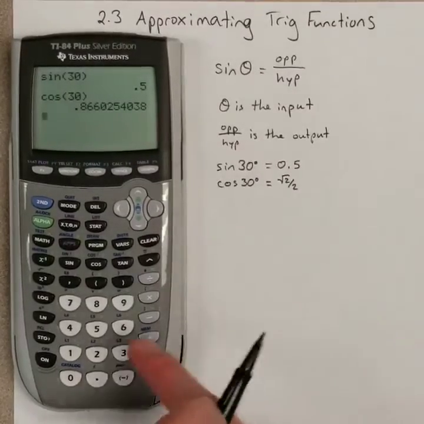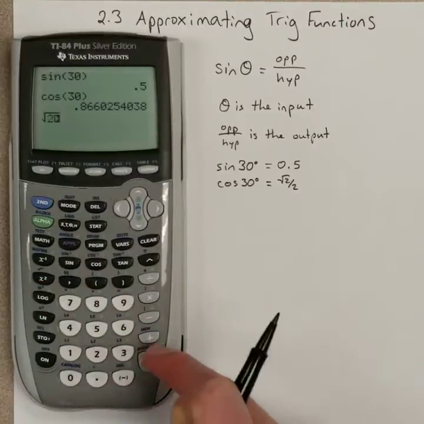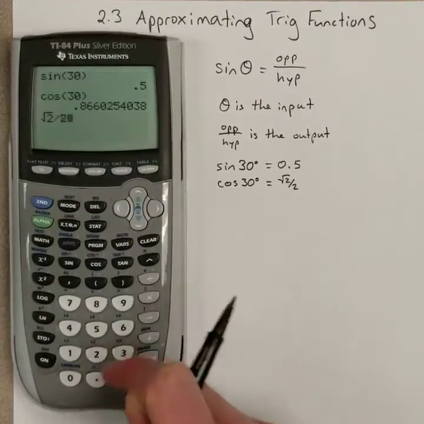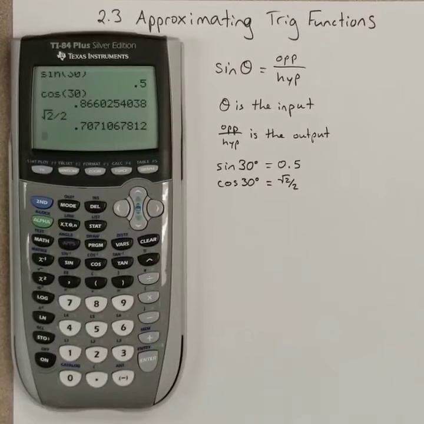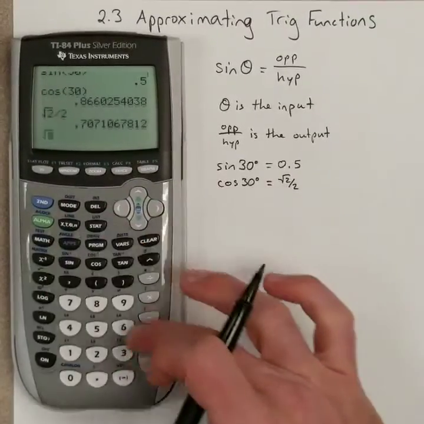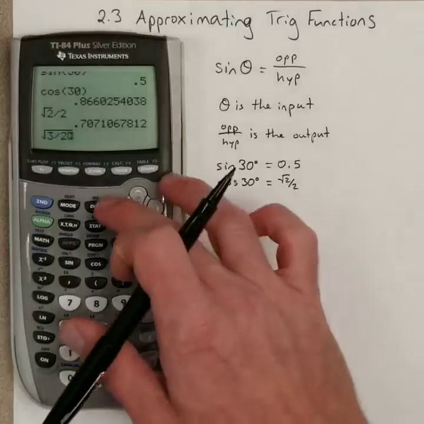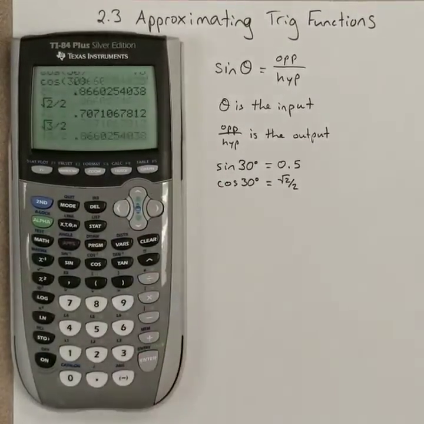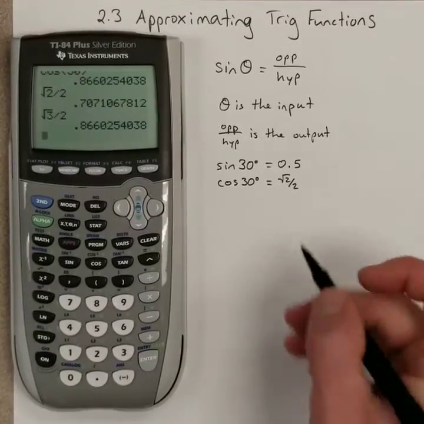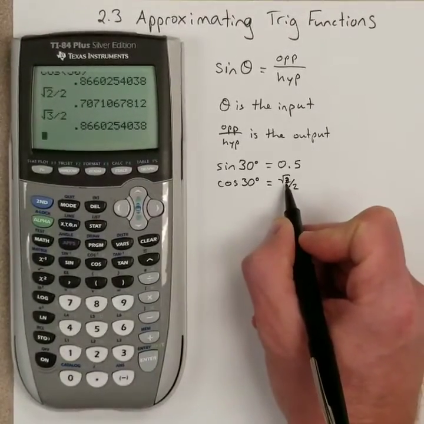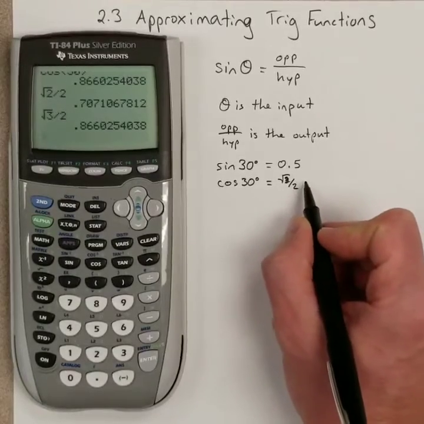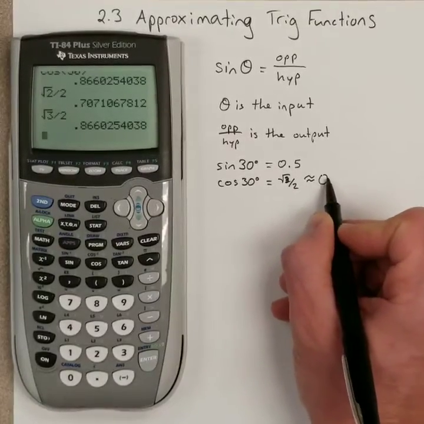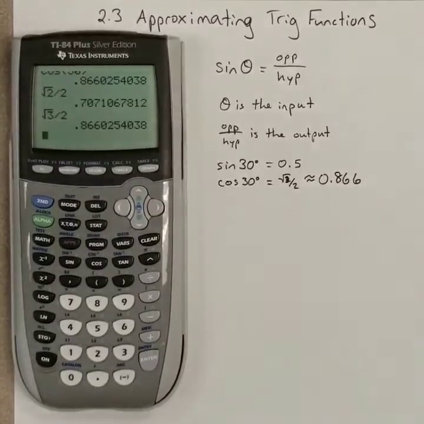Well, if I were to calculate square root of 2 on the calculator, oh, I don't get that. That's because it should be square root of 3 over 2. Right, there it is. So that should have been a square root of 3. My mistake. Square root of 3 over 2, which is approximately 0.866.